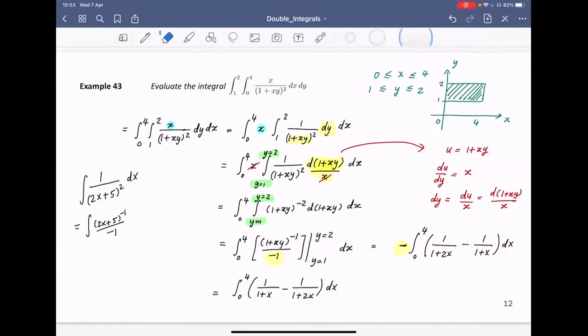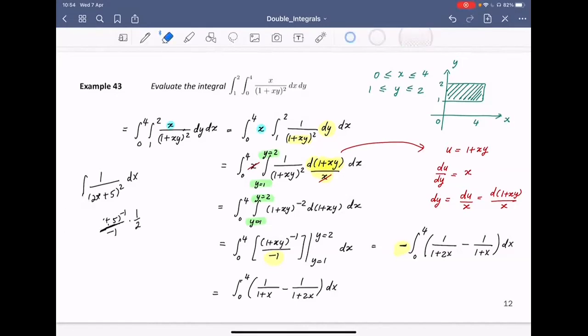And then you have to divide by the differential of the 2x plus 5, so you have to times it by 1 over 2. True. Yes. Don't we have to do it here as well?